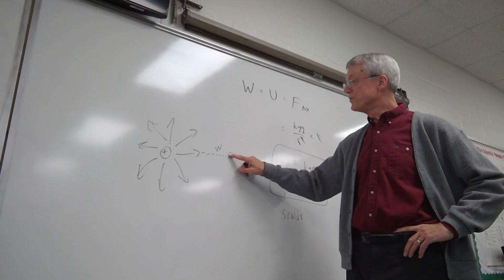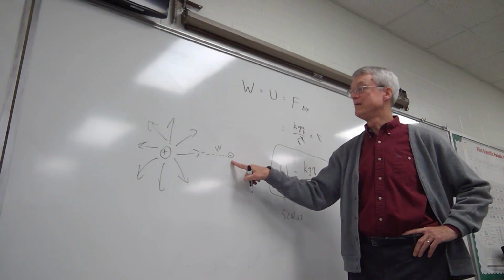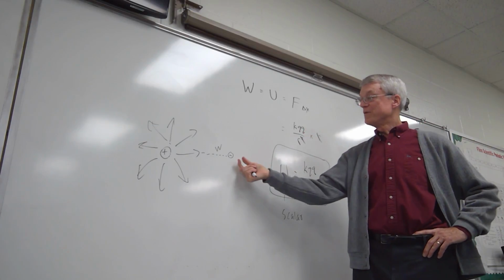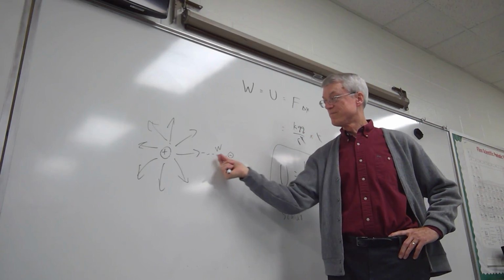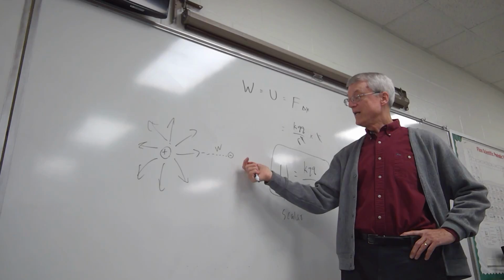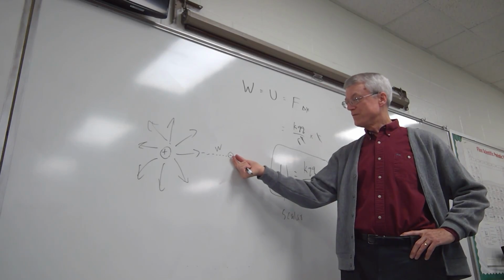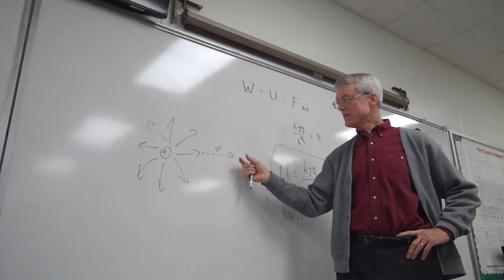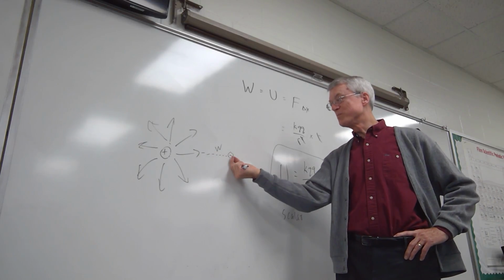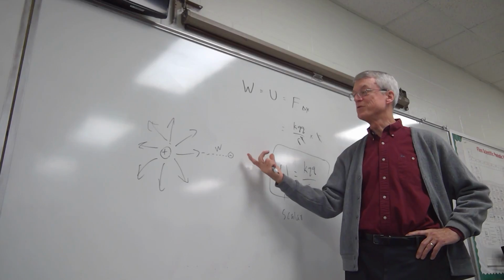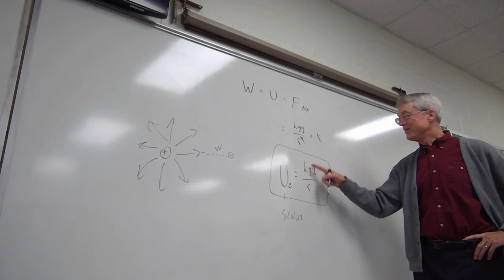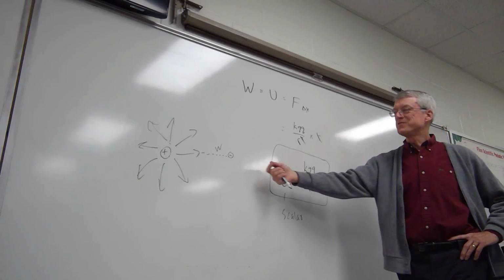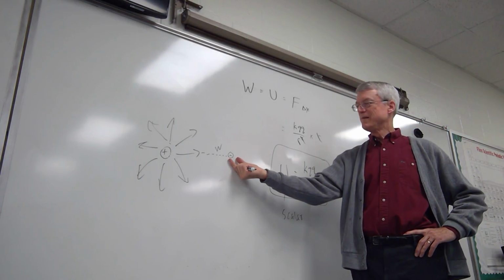If this particle here was an electron instead of a proton, now there's the force, kQq over r squared, the force is the same, but it's attracting. So now if you let it move to the left, but you're pushing to the right, that's negative force, so you're doing negative work on it. So this would actually calculate to be a negative number. Its potential energy right here is negative.